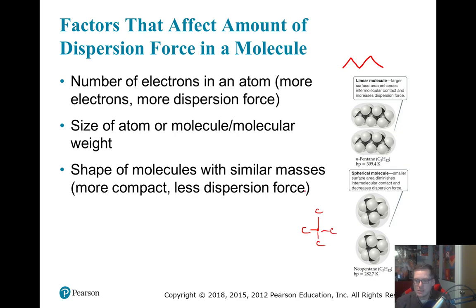Now notice that this molecule here is a lot more spherical. It has a lot less surface area, and it's a lot more compact. Okay, and because it's more compact, it has less polarizability, and because it has less polarizability, it has less dispersion force, as opposed to n-pentane, which is just this chain. Okay, and the electron clouds are spread out evenly around it, so it's got increased surface area because it's no longer a sphere, and therefore it's more polarizable.